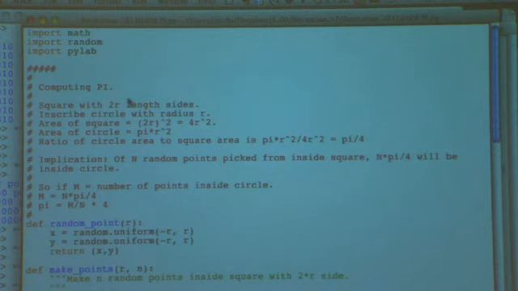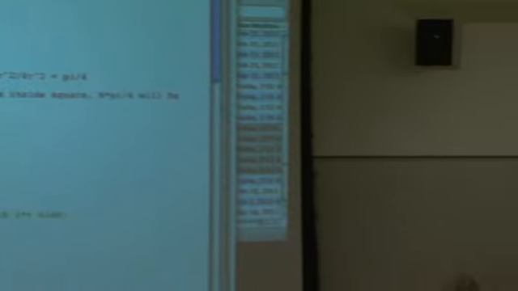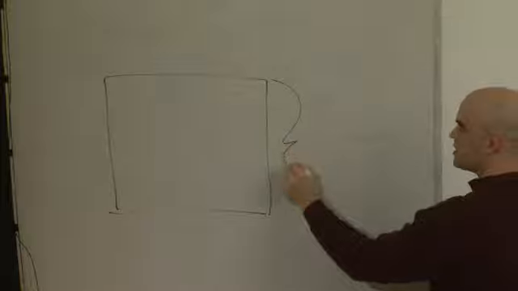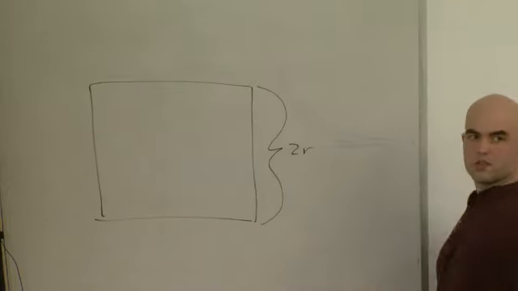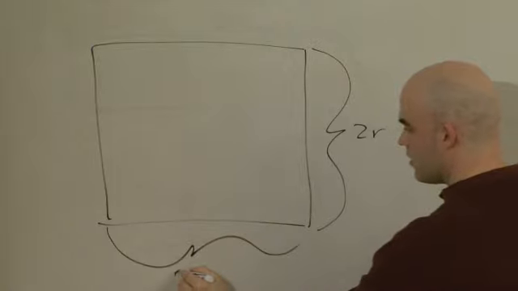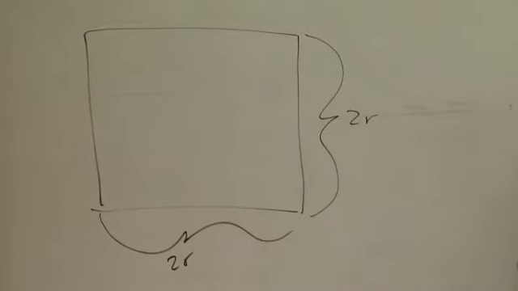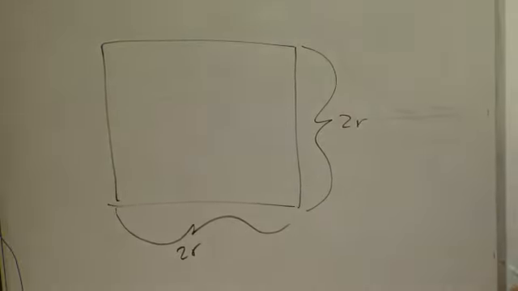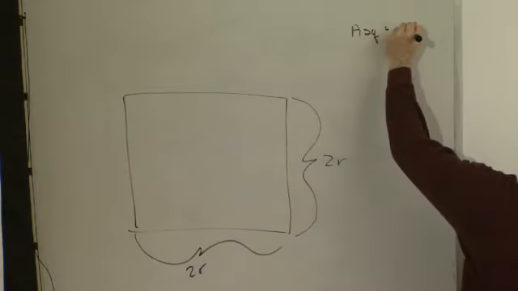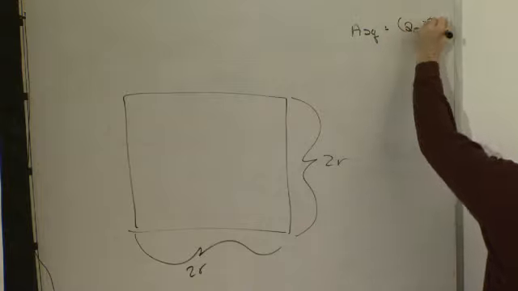So the idea is we have a square, and its side is 2r units long. So what's the area of the square? It's (2r) squared, right?